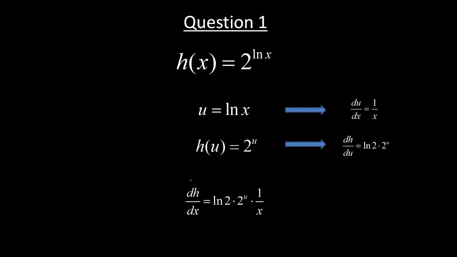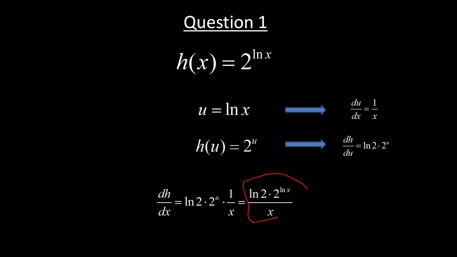And once we put our pieces in, we'll then replace u with what we defined it to be, so that everything is back in terms of x. And there's our answer.